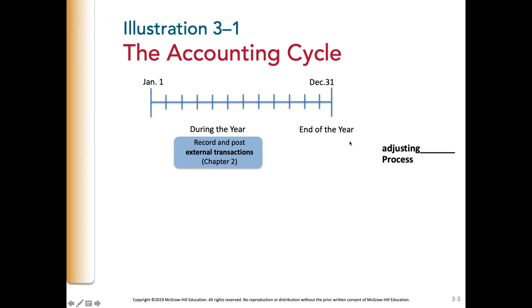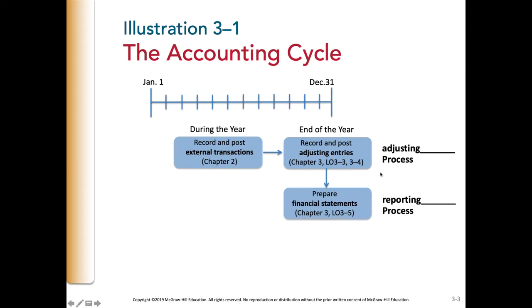During the year, we record and post external transactions, which is chapter two's emphasis. Then at the end of the year, we record and post adjusting entries, which is our learning objective 3 and 4 for chapter 3, and we call this the adjusting process.